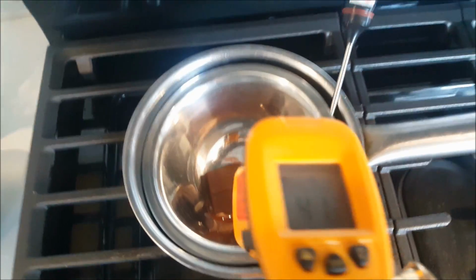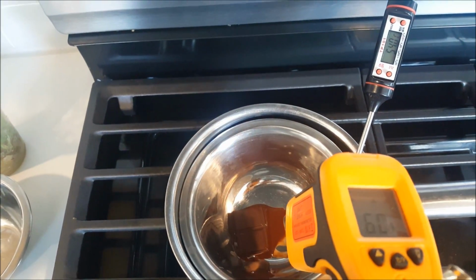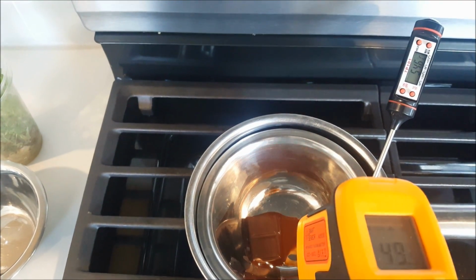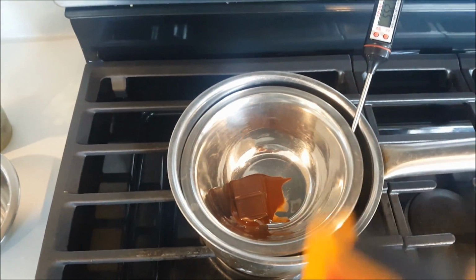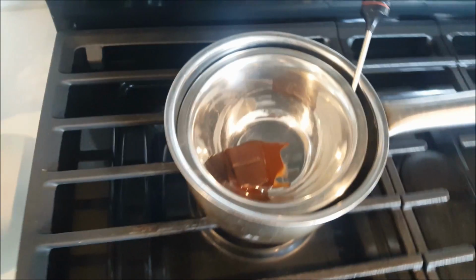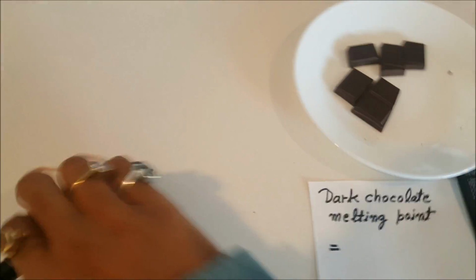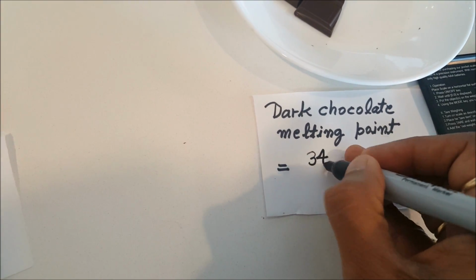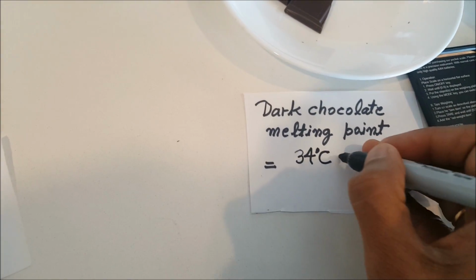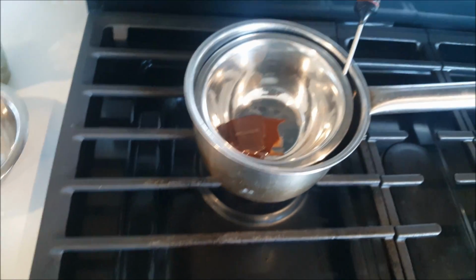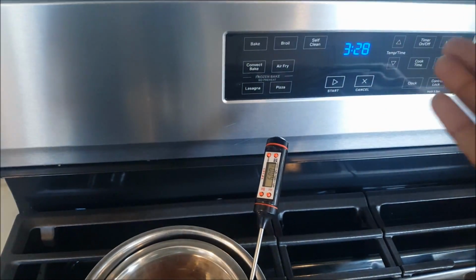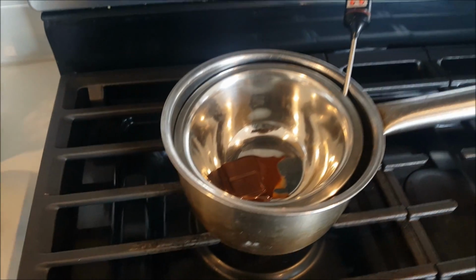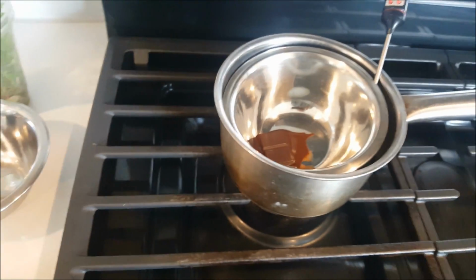So what is the temperature right now? It's 60. So it starts melting around 34 degrees Celsius. So I will write it down. Probably it starts from 34 degrees Celsius, and see how much time it will take. And actually within a minute it starts melting.